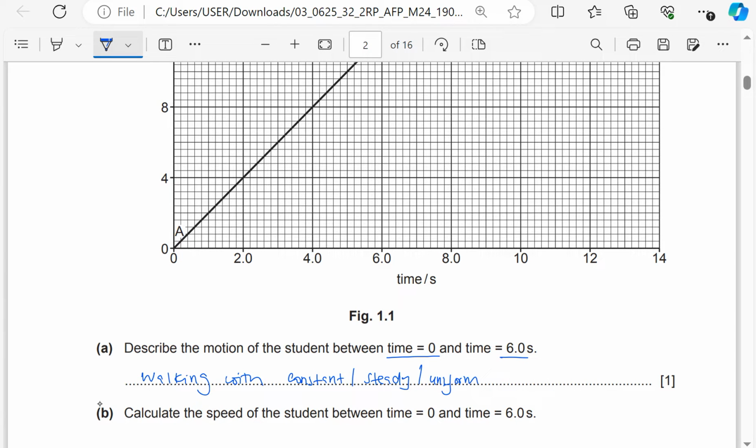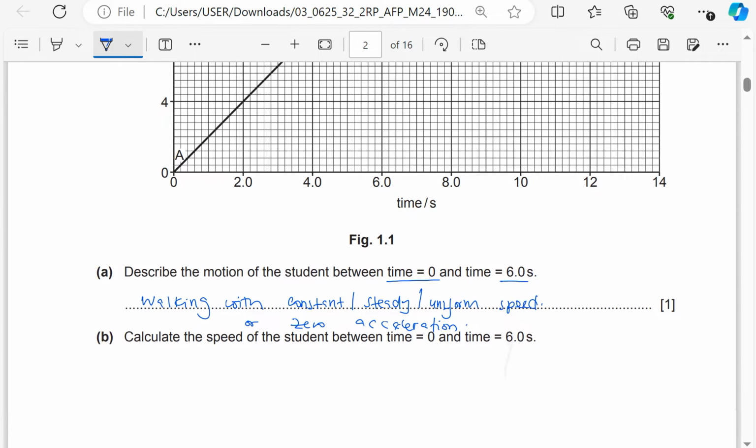Because this is a distance-time graph, I will say speed instead of velocity. But remember, constant speed, uniform speed, steady speed, because it's a straight line, it means 0 acceleration. So you can say the student is walking with 0 acceleration, since when the speed is constant, the acceleration is 0.